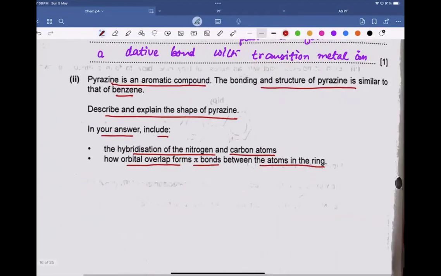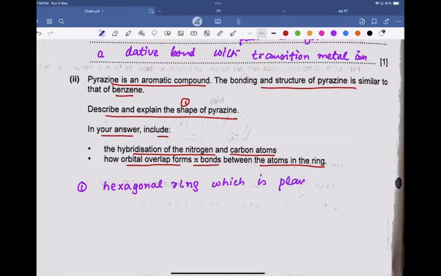So first I'm going to discuss the shape. The shape is hexagonal, right? Because it's a hexagonal ring, which is planar, because due to the pi bonds, all atoms are going to be on a plane.